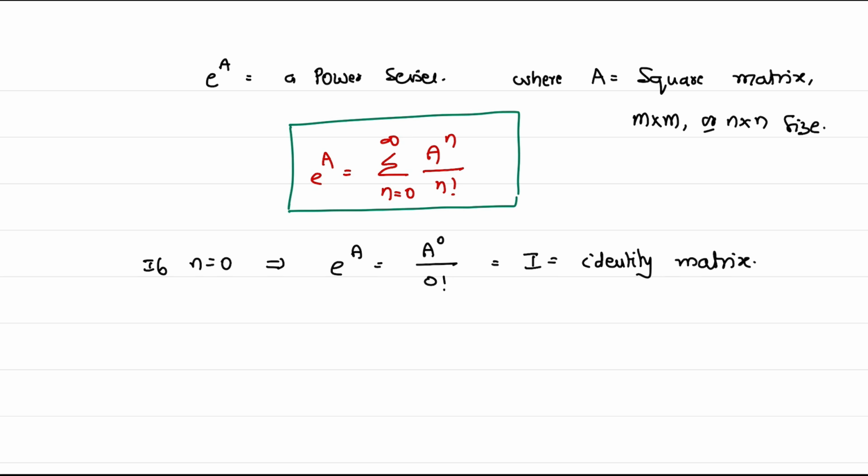If somebody asks you in an examination like JEE Mains, JEE Advanced, or in Maths Olympiad to define the value of e to the power of A, n equal to 0 means it is an identity matrix.